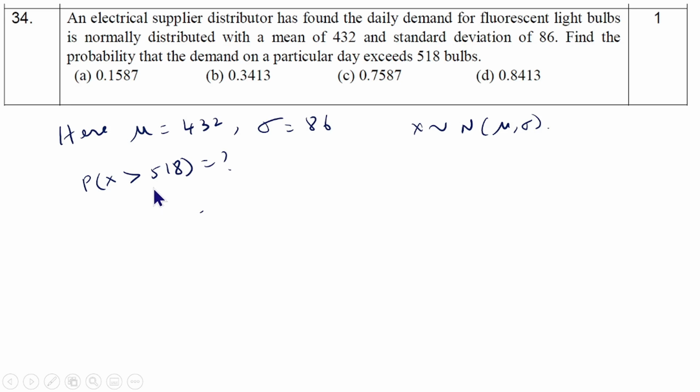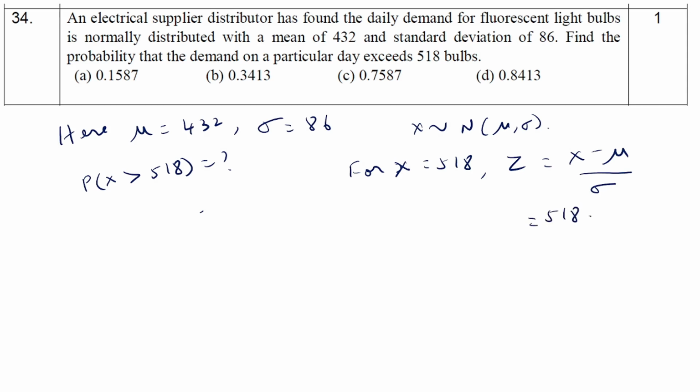For x equal to 518, let us find the z-score. z is equal to x minus mu by sigma, which is 518 minus 432 upon 86, or 86 upon 86, which is equal to 1.